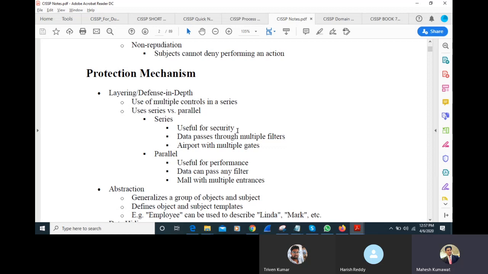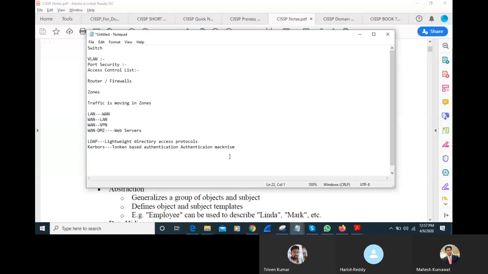This is useful for security. Next are signature level and pattern level.